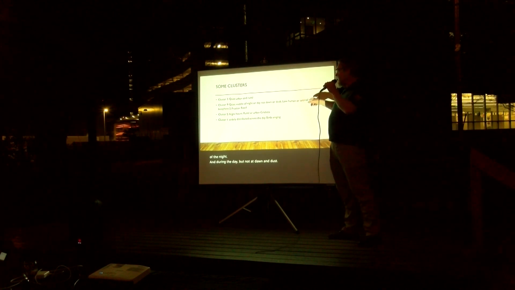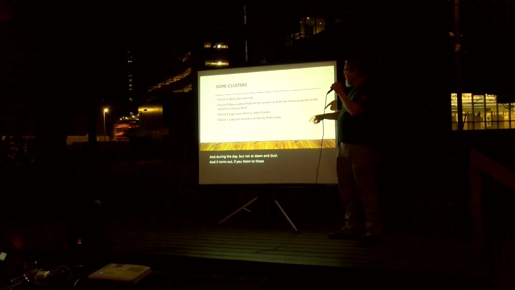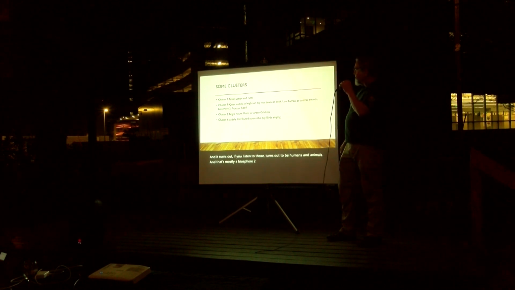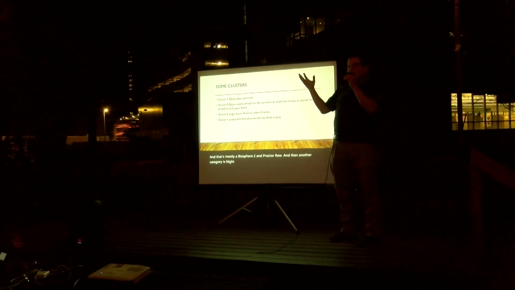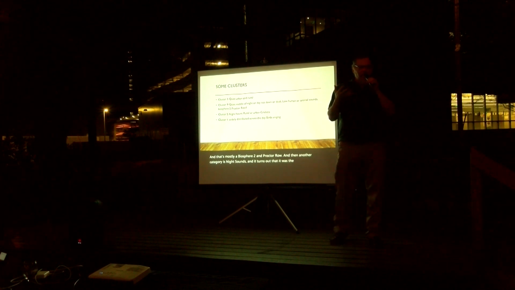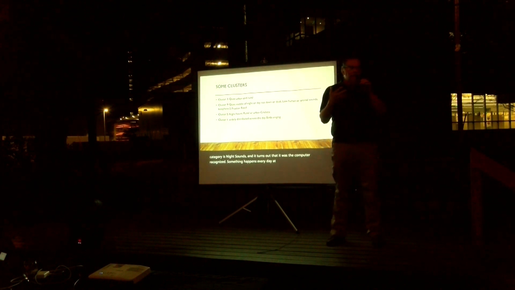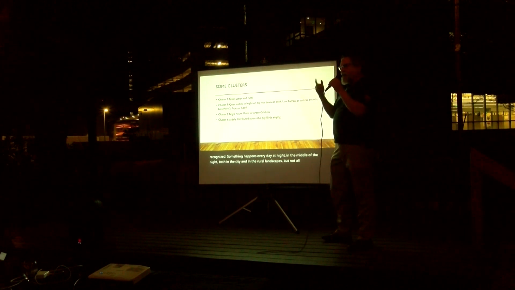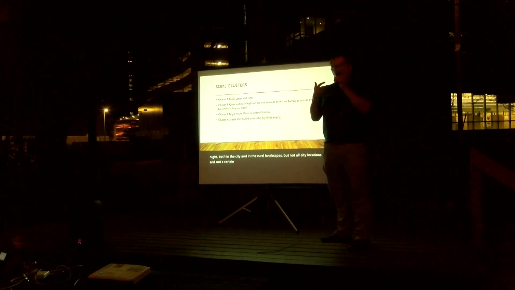And it turns out if you listen to those, it's humans and animals. And that's mostly at Biosphere 2 and Proctor Road. Then another category is night sounds, and it turns out the computer recognized something that happens every day in the middle of the night, both in the city and in the rural landscapes, but not at all city locations, and not at certain latitudes. And it turns out it discovered crickets.